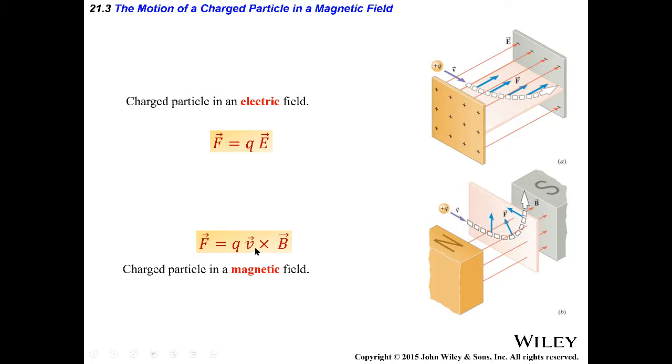And it is due to this vector product. The law of force for a charged particle in a magnetic field is much more sophisticated and complicated than the simple QE, Coulomb law. It is much more subtle. You end up going around the magnetic field.